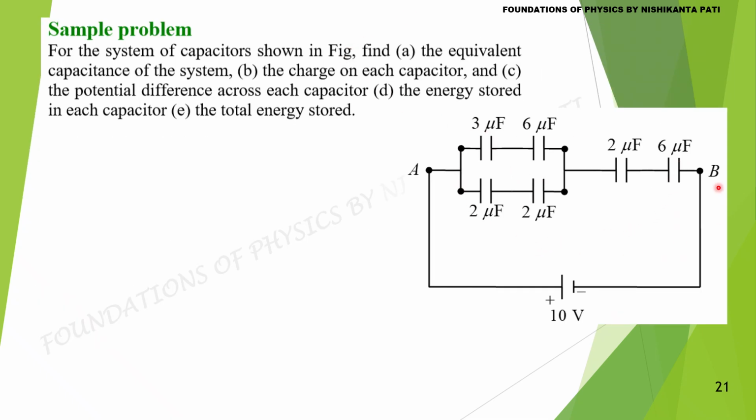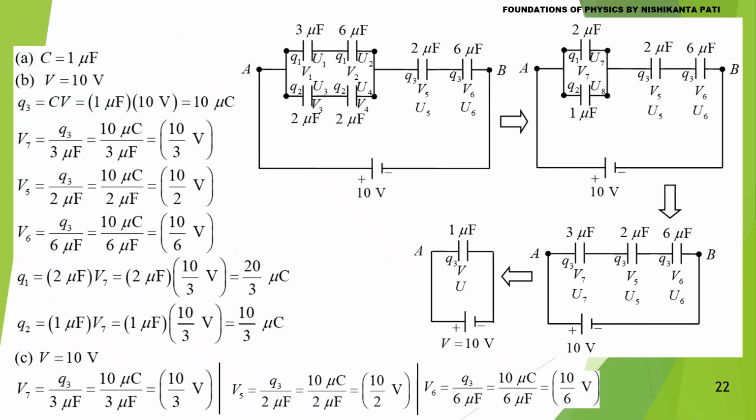Six capacitors are connected across 10 volt. Then we have to find the energy, charge and other things. Charge Q1, series combination. So charge Q1, the effective capacitance 2 microfarad. Q2, Q2, Q2.